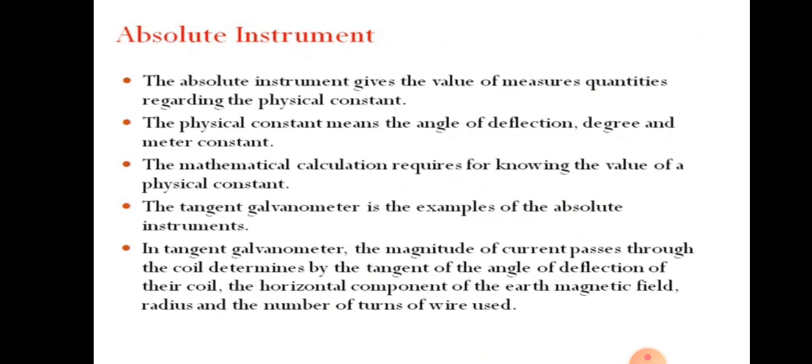First, the main two types of instruments that we have to study in the first unit. The first is the absolute instrument. What is actually the absolute instrument? Before going towards the theoretical concept, just remember that in the absolute instrument, mathematical calculation is required to know the actual physical quantity.